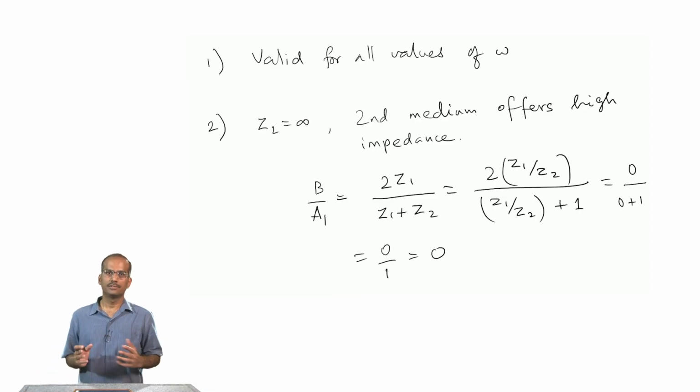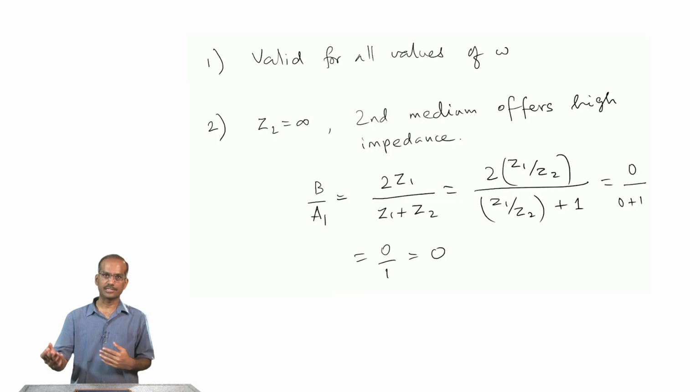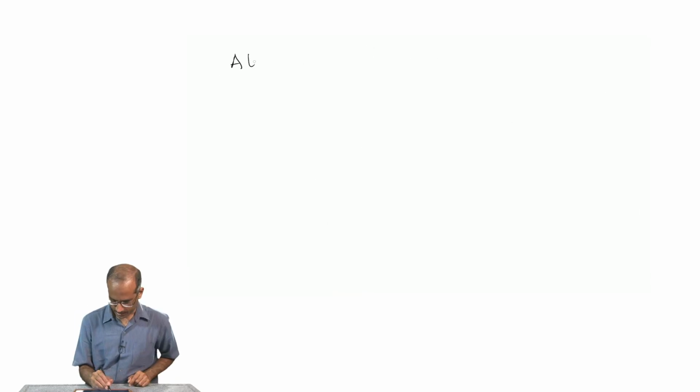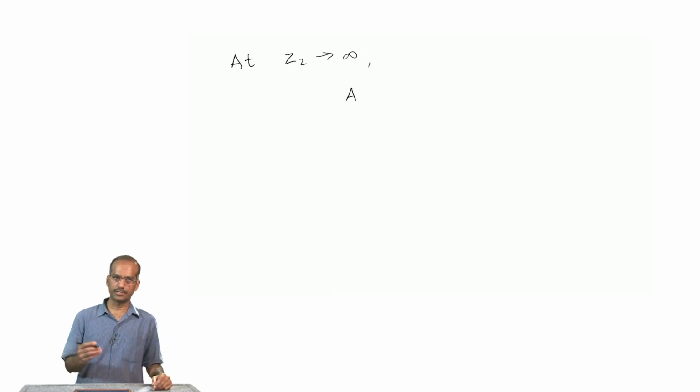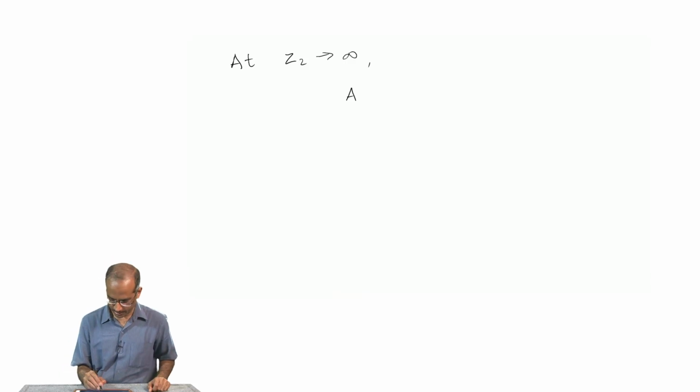It very much agrees with our intuition that there should not be a transmitted wave if the second medium offers infinite impedance. At Z2 going to infinity, it is a simple exercise, simply divide by Z2 in the numerator and denominator.